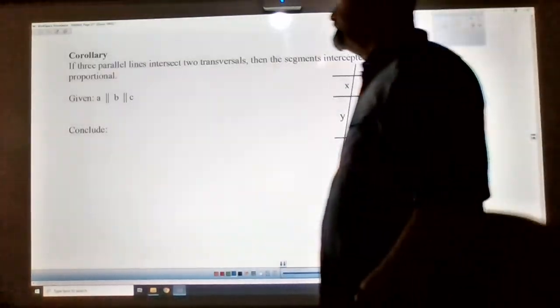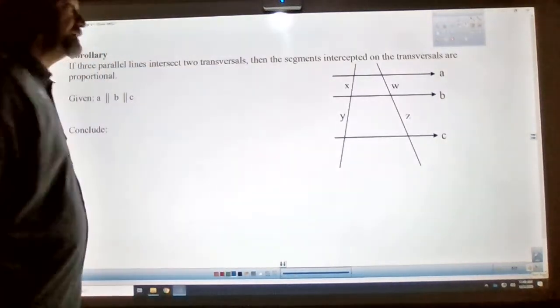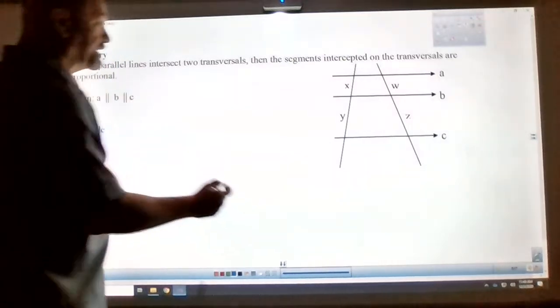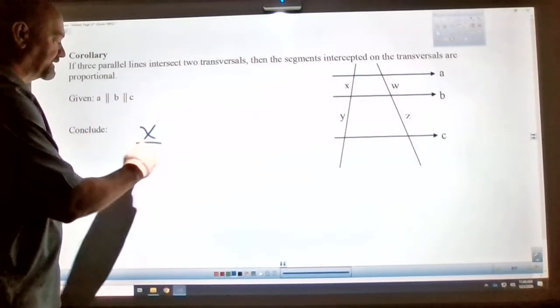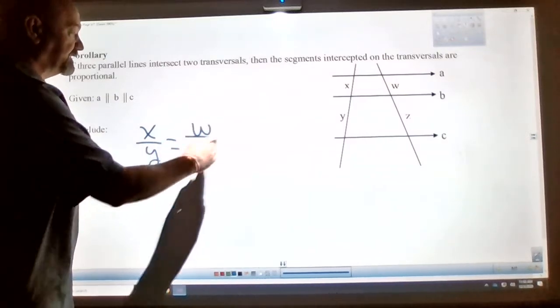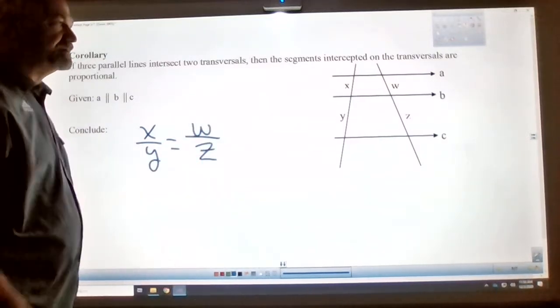All right. The same thing is true if you have parallel lines. If parallel lines intersect two transversals, then the segments intercepted are proportional also. So that means we can conclude that x is to y as w is to z, just like in the triangles.